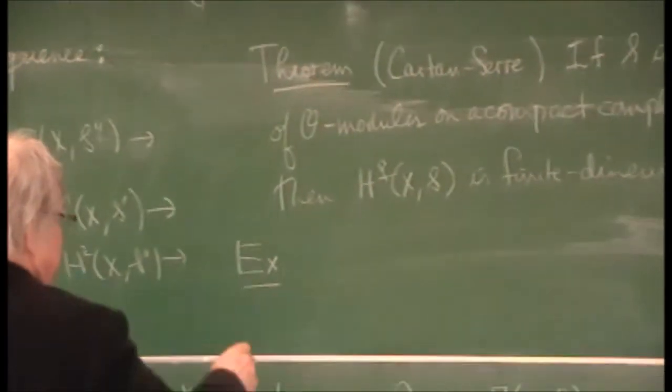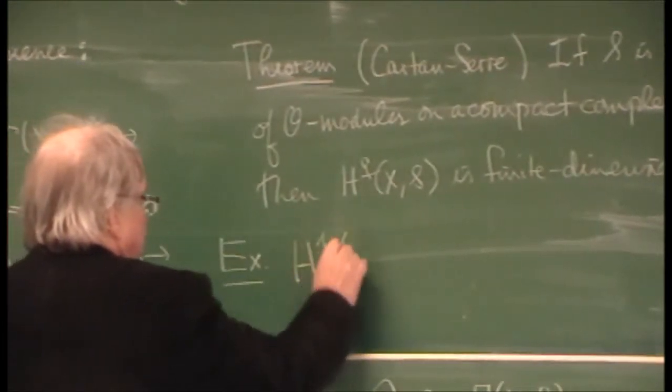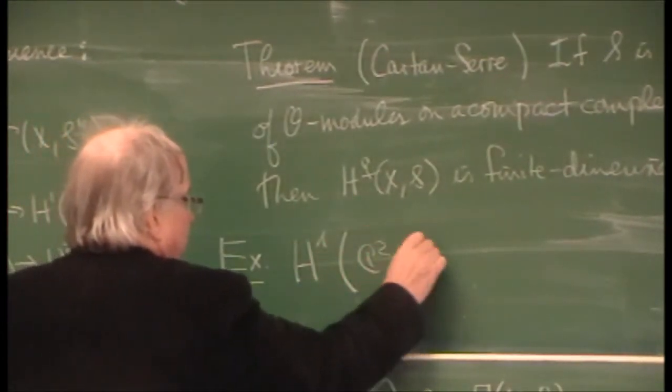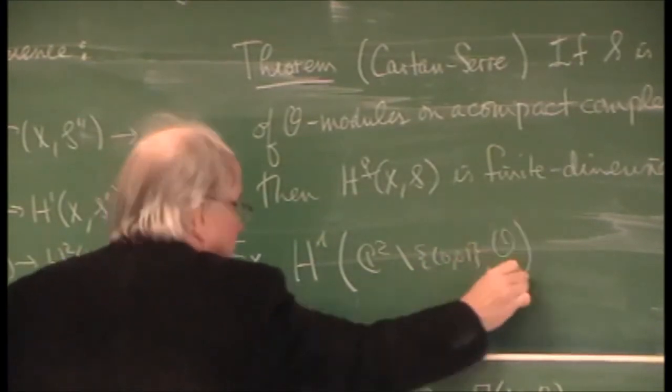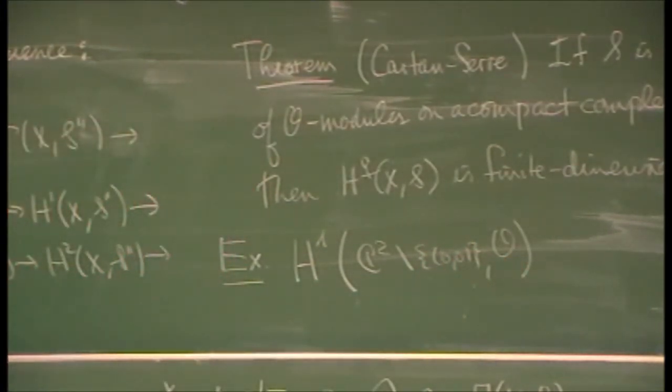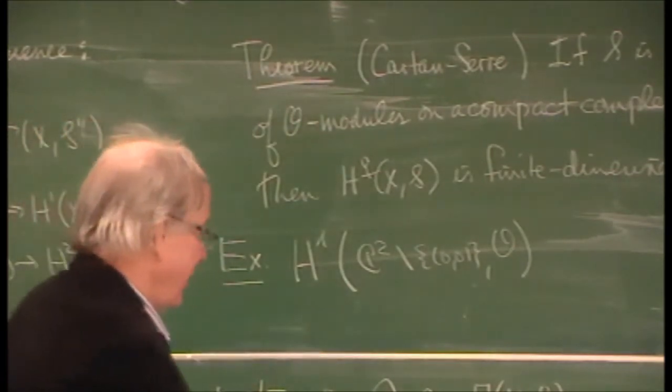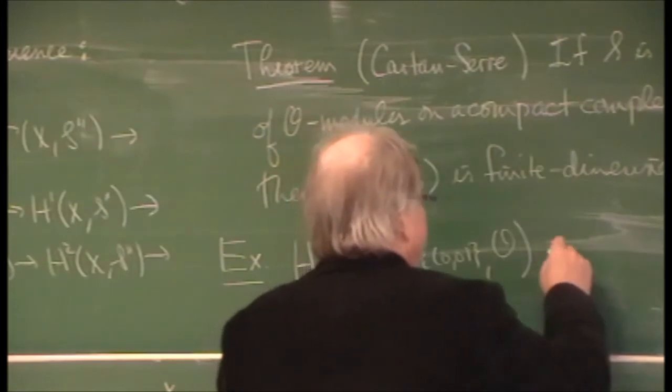So here's an example, H1 of C2 minus the origin, with coefficients in O. A very important example, actually. If you remove the origin, it introduces highly non-trivial things.